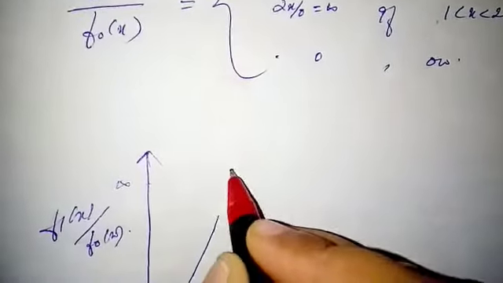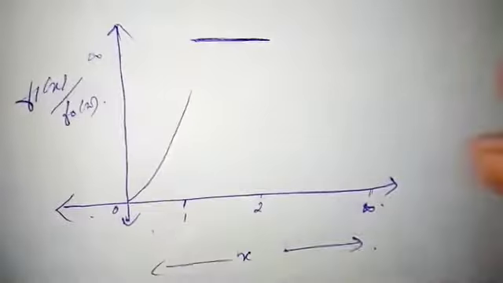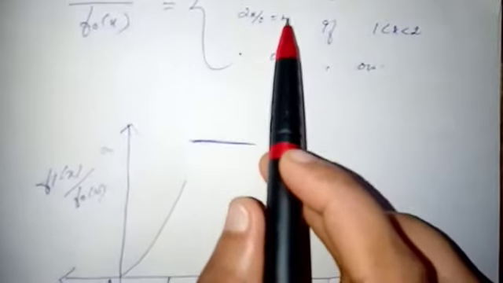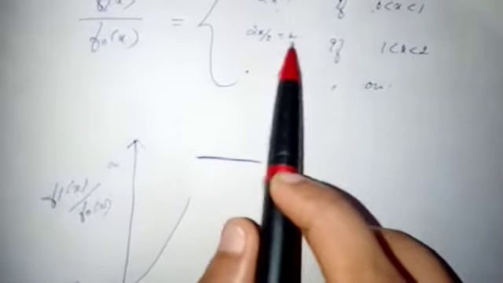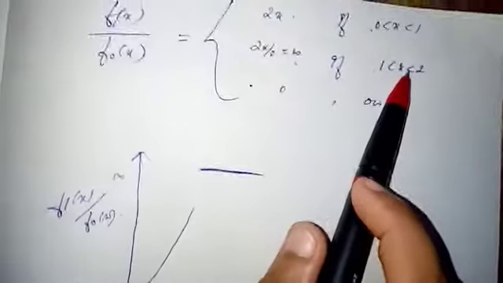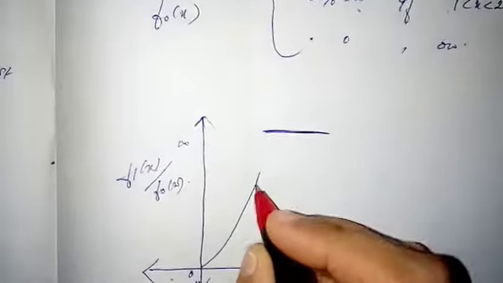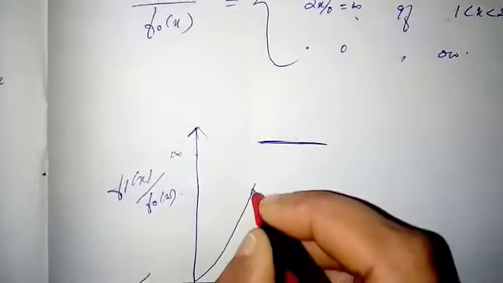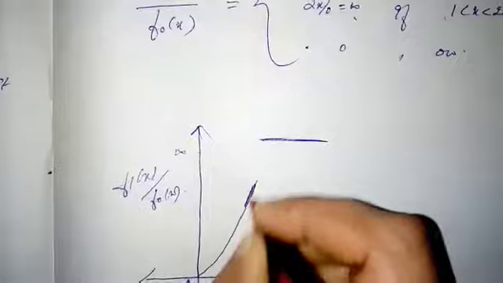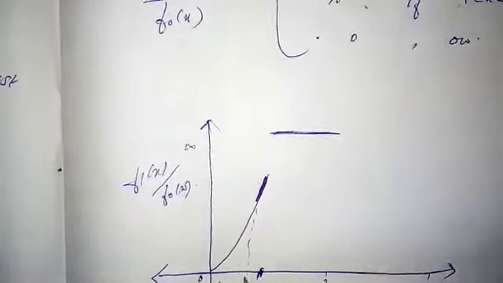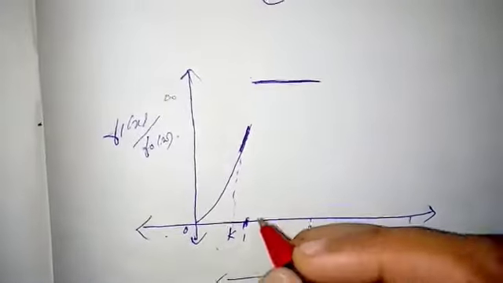We know that we reject H0 for the large ratio, and here infinity is the maximum value. So one part of the rejection region is 1 less than x less than 2. We also need to find for which values the ratio takes its maximum, so we take this as k.